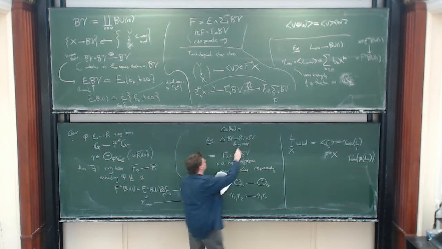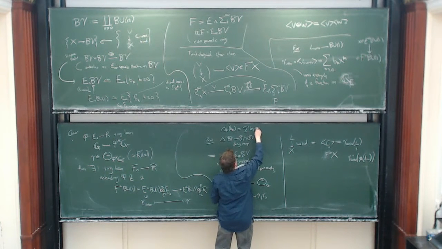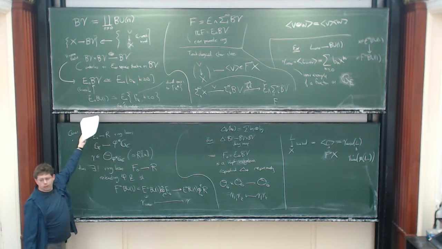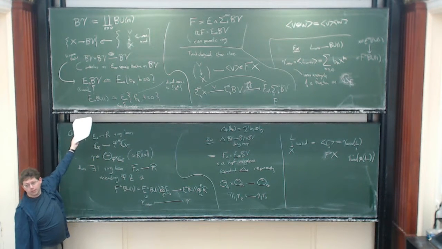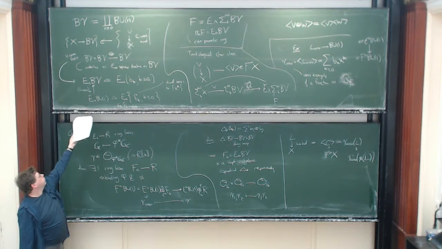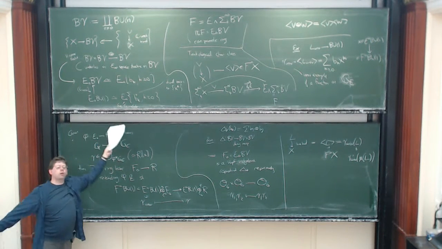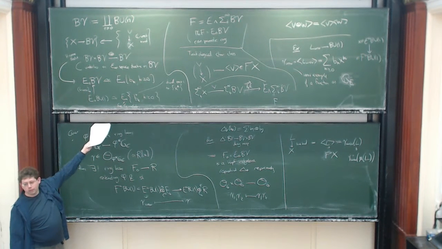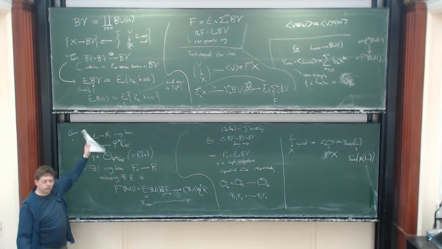Yeah, that's it. Why is it this? Because all these things really live on BU1, and BU1 has a diagonal map because it's a space. So I'm really just computing the coproduct on BU1. The coproduct on the homology of BU1 is dual to the cup product on the cohomology of BU1. And I told you what the cohomology of BU1 looks like. It's a power series ring, so I know how to multiply things there.